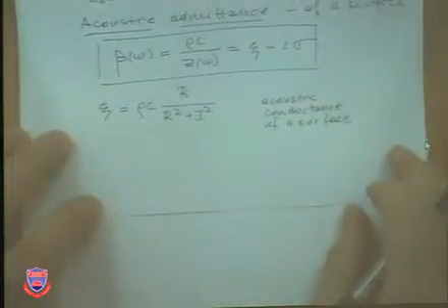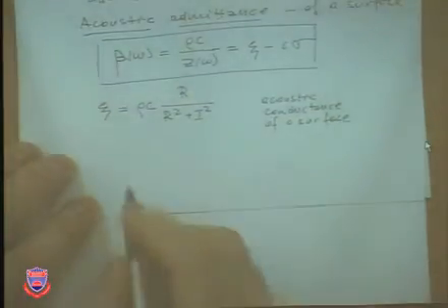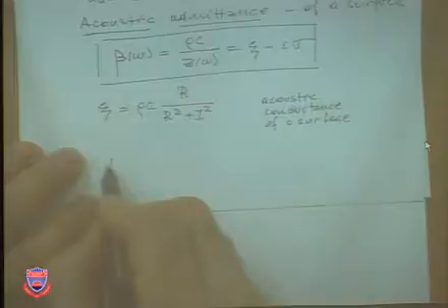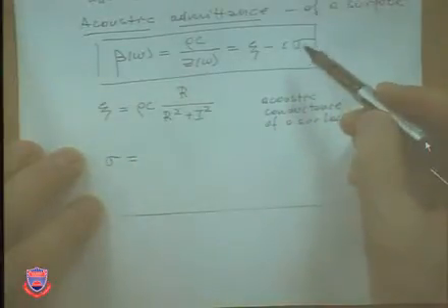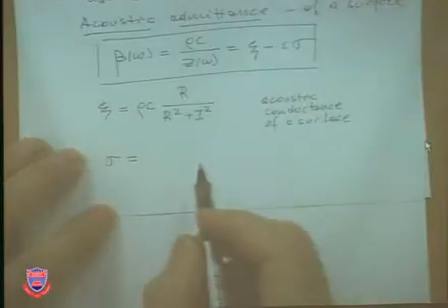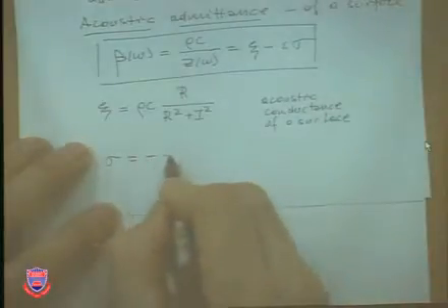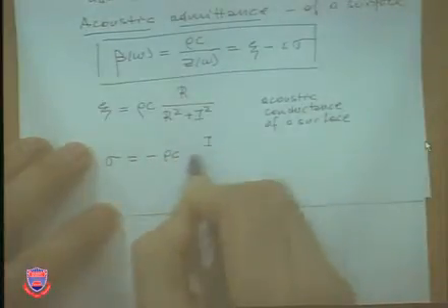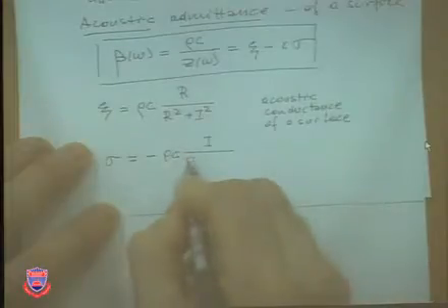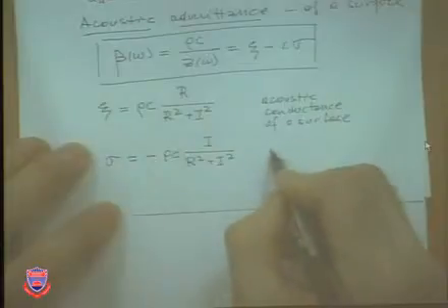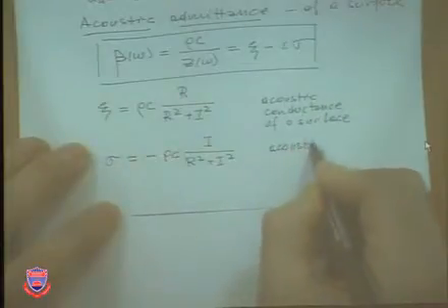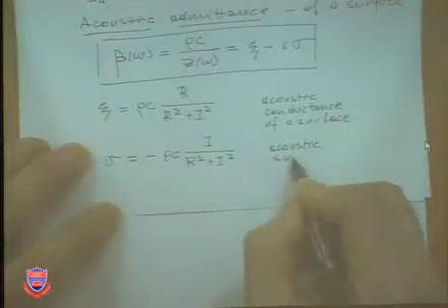Okay, acoustic conductance of a surface. And sigma, okay, that's the imaginary part of the admittance, is the corresponding value. And this is called the acoustic susceptance.